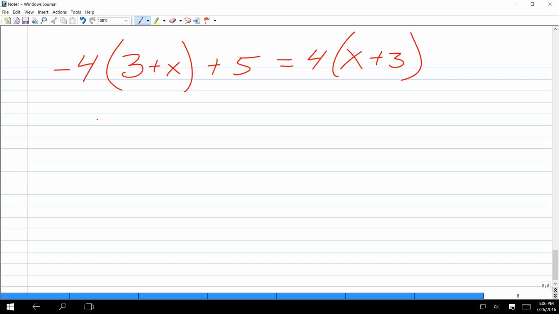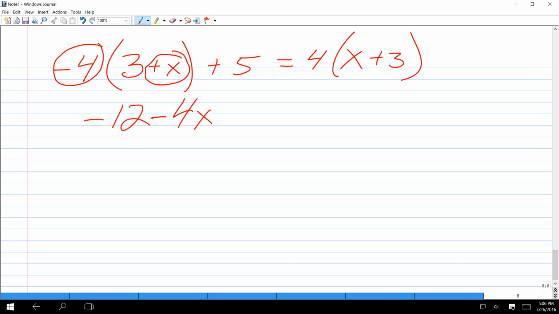It's going to be negative 12 minus negative 4x. Minus 4x, not minus a negative 4x. If I were to put minus a negative 4x, it would turn into plus 4x. So the only thing I want to distribute is that times that.